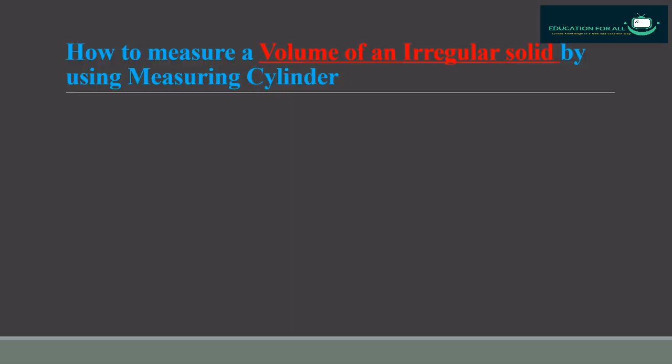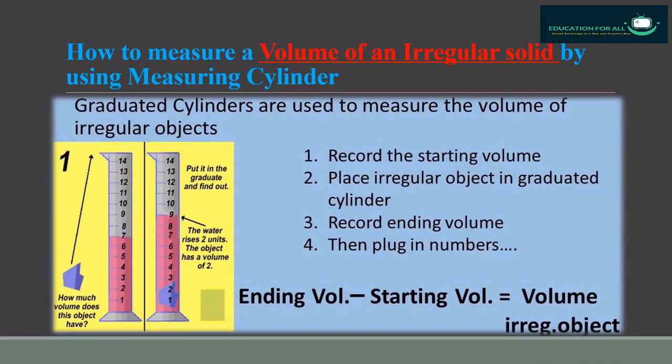Now we will learn how we can measure the volume of an irregular solid by using a measuring cylinder. Students, keep this in your mind that it is a very easy process, and don't hesitate and don't be confused by watching this picture in front of you.